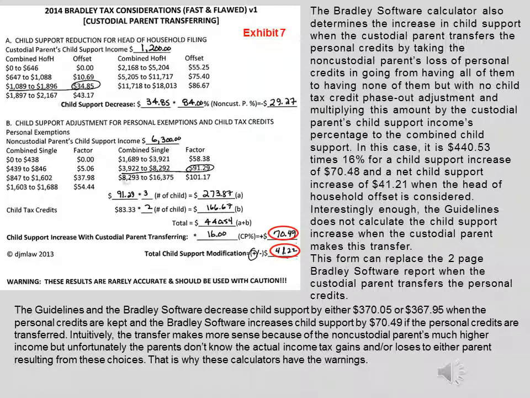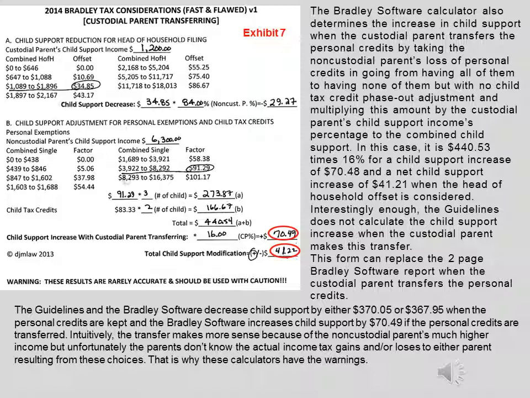In this case, it is $440.53 times 16% for a child support increase of $70.48 and a net child support increase of $41.21 when the head of household offset is considered.